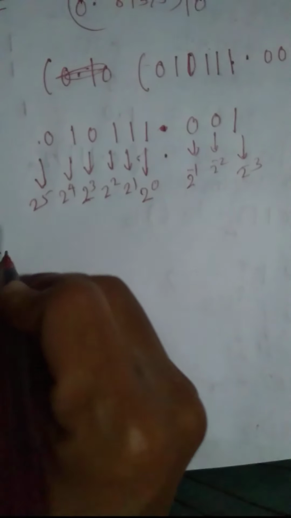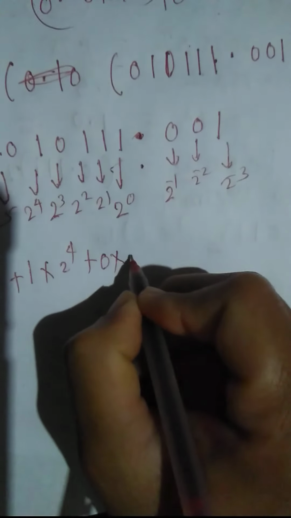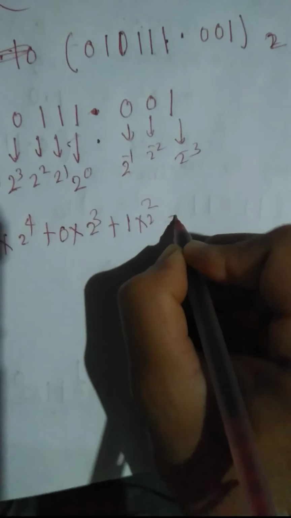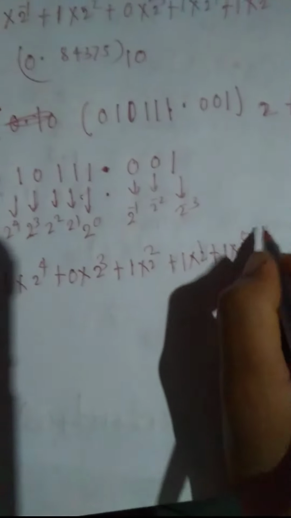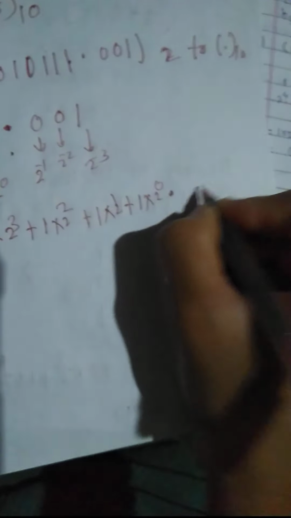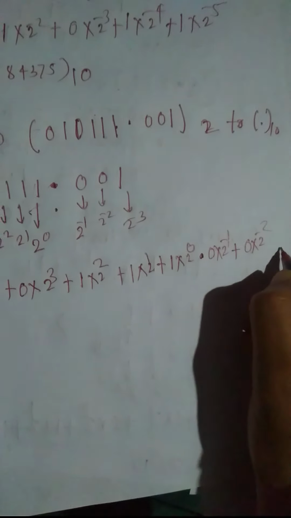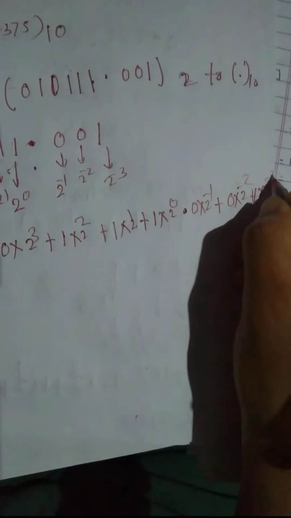So this 0 into 2 raised to 5 plus this 1 into 2 raised to 4, plus 0 into 2 raised to 3 plus 1 into 2 raised to 2 plus 1 into 2 raised to 1 plus 1 into 2 raised to 0. That is from that side. And after the point, 0 into 2 raised to minus 1 plus 0 into 2 raised to minus 2 plus this 1 into 2 raised to minus 3.